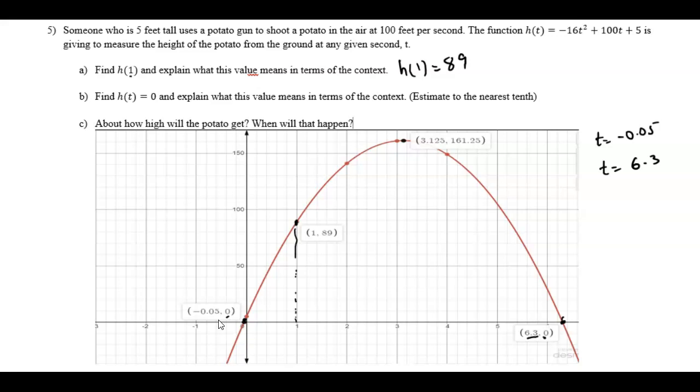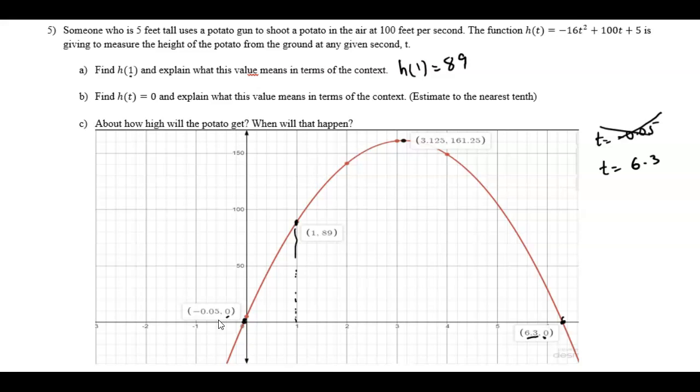So because time cannot be negative, that negative 0.05 cannot be the answer. That leaves us with time equals 6.3. So at 6.3 seconds, the potato will hit the ground. At 6.3 seconds, the potato will be 0 feet from the ground.